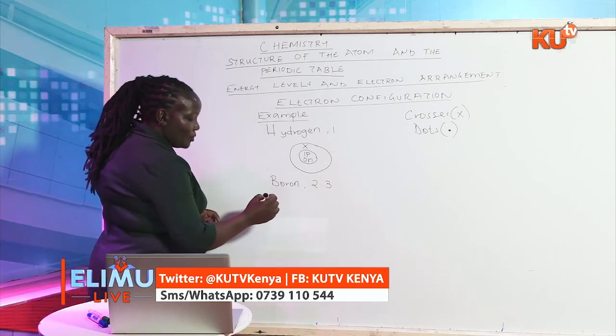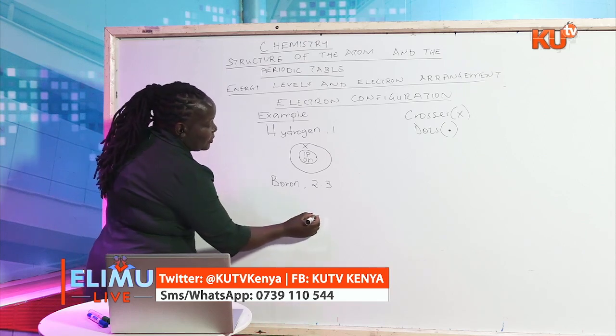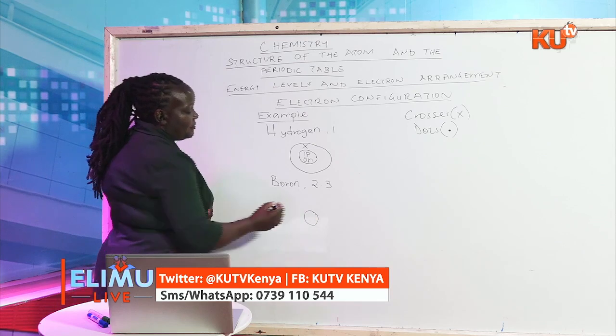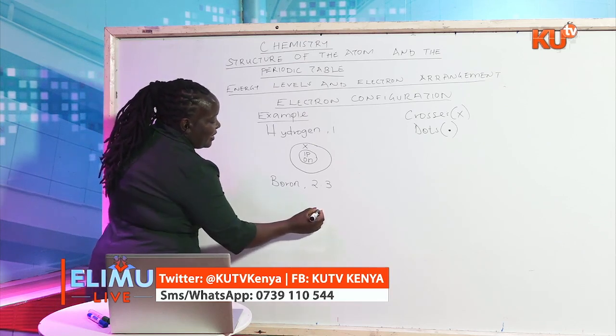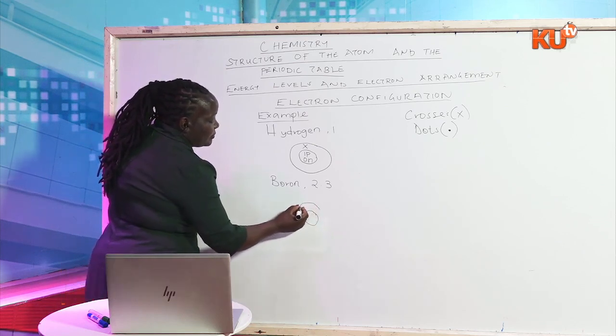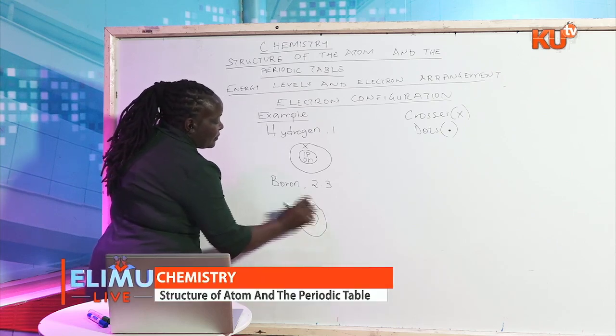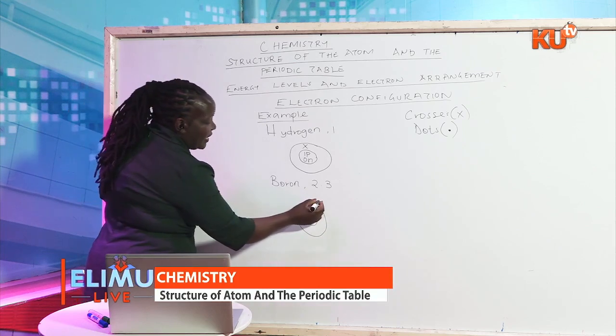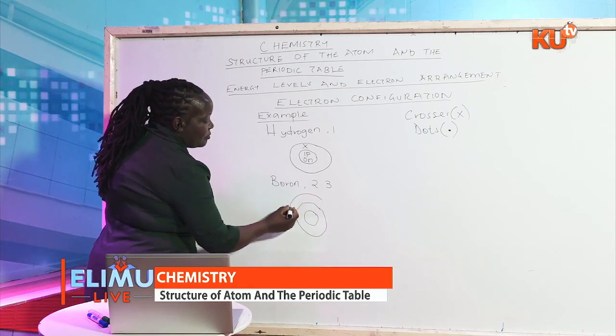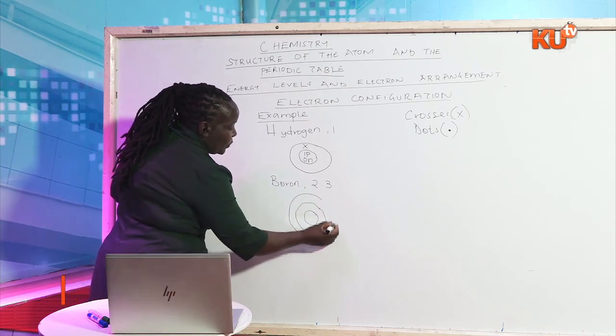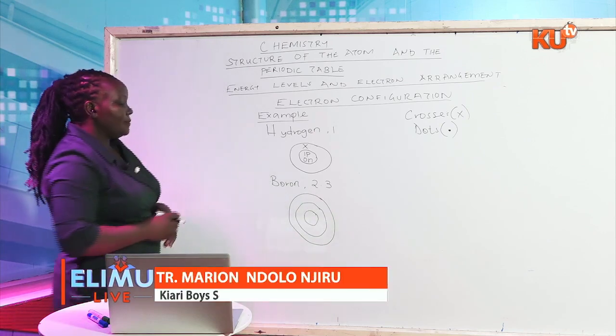So we start always with the nucleus. So I have my nucleus there. And then after the nucleus, I have the first energy level. And then we have the second, because we have seen that it has only 2 energy levels.